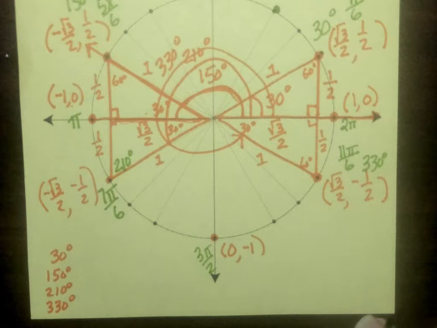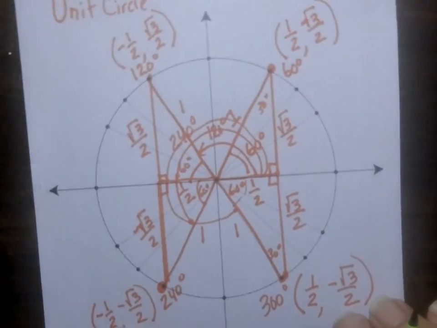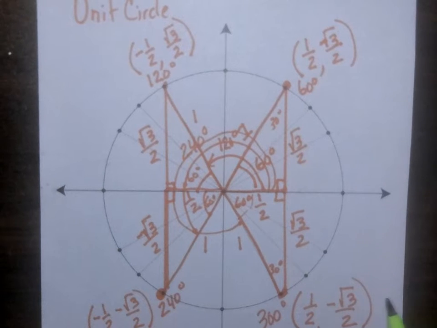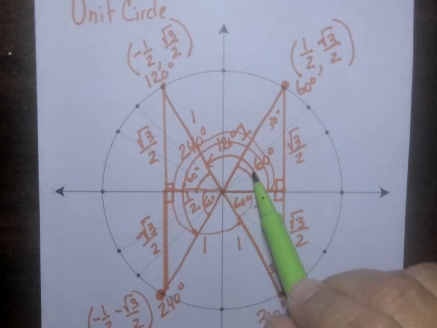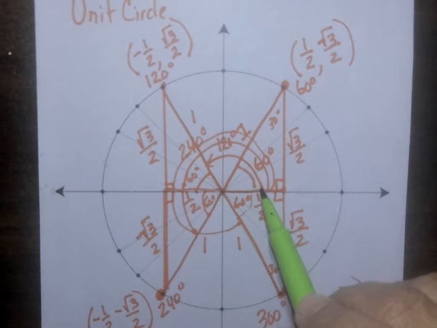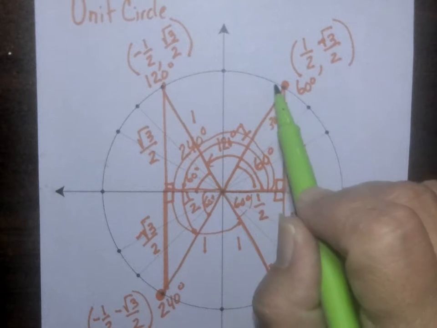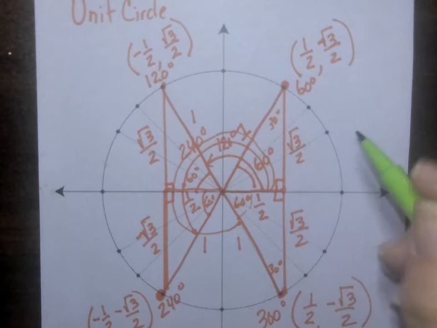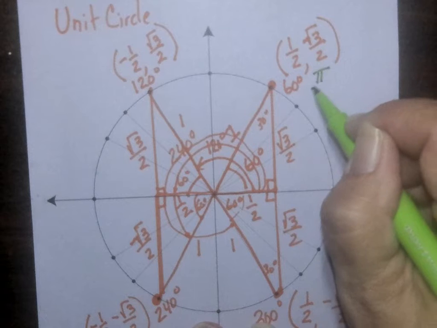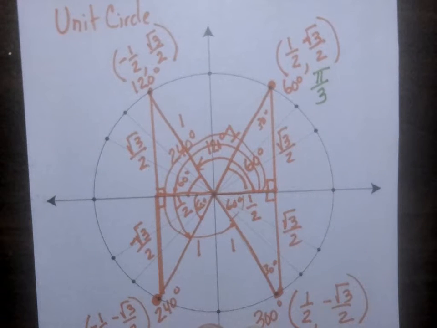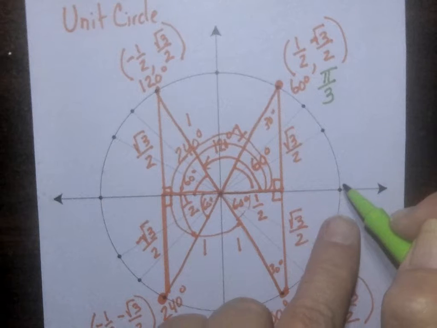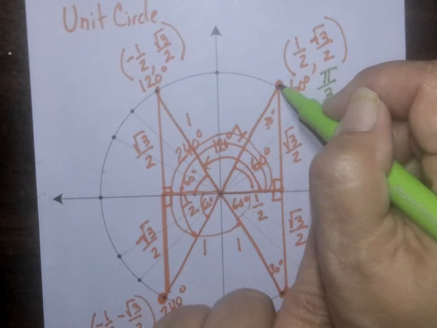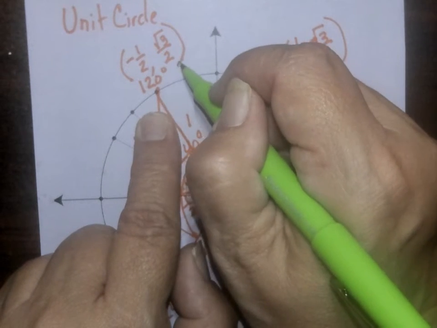Alright, now we want to do the same thing on our purple unit circle. So on our purple unit circle, we were dealing with the reference angle of 60 degrees. And so this was a 60-degree angle. So 60 degrees converted to radians is pi over 3. So here's pi over 3. Then here's 2 pi over 3.